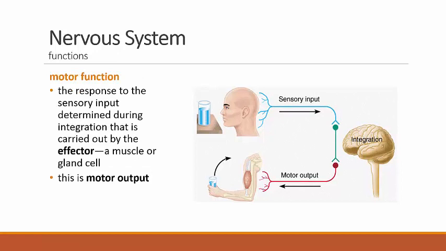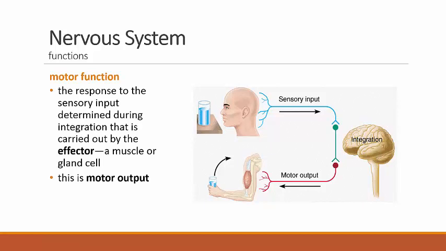And last of all, we see the motor function. This is carrying out the response, or sending out the command to the organs or cells that are going to carry out the response. And we send those commands out to effector tissues. An effector is the cell or organ that produces the effect that will be the response to whatever the environmental stimulus was.